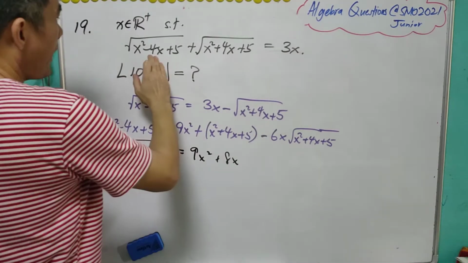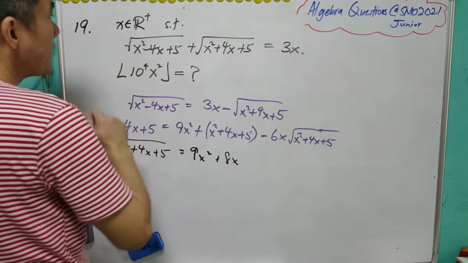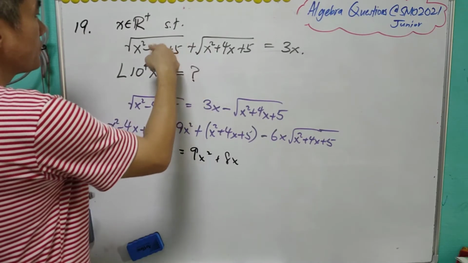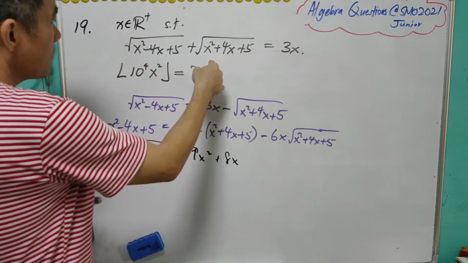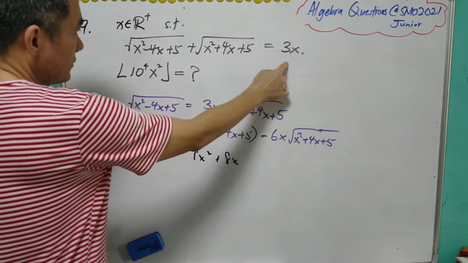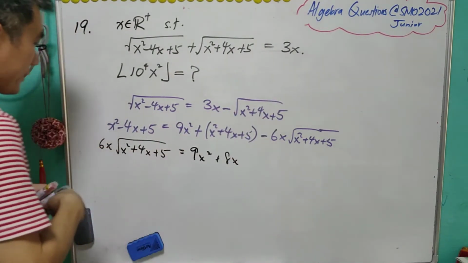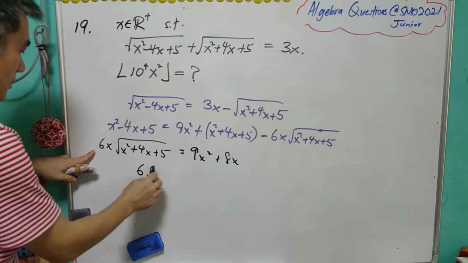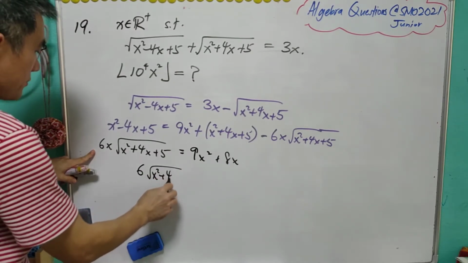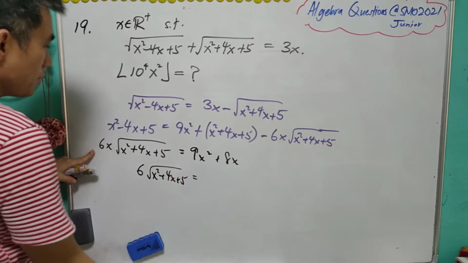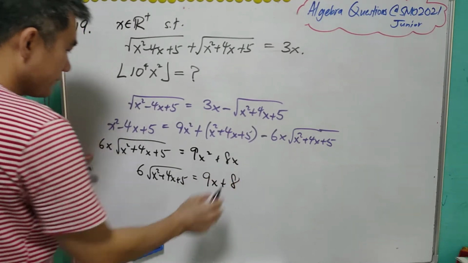Now note that x equals 0 cannot be the answer, because when x equals 0, the left hand side is not 0, but the right hand side is equal to 0. Which means that we can cancel the x. So this is 6 square root of x squared plus 4x plus 5 equals 9x plus 8.